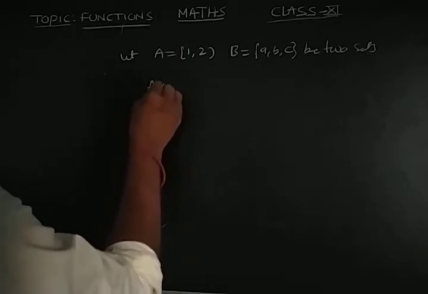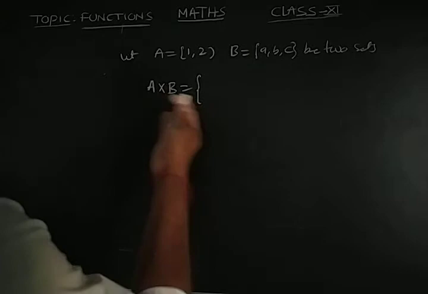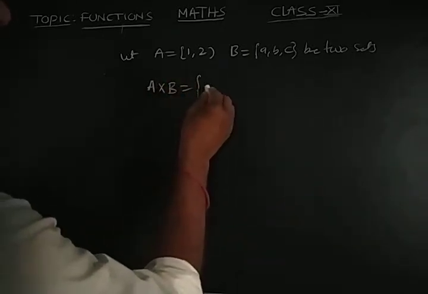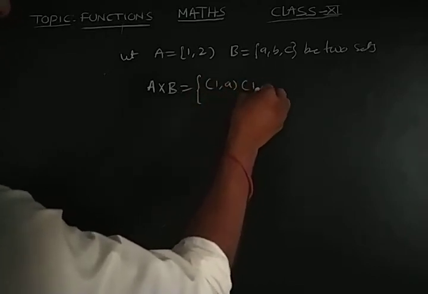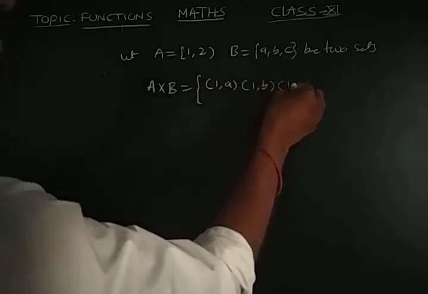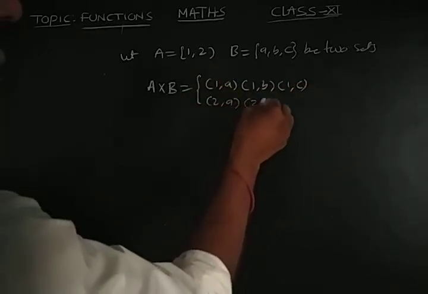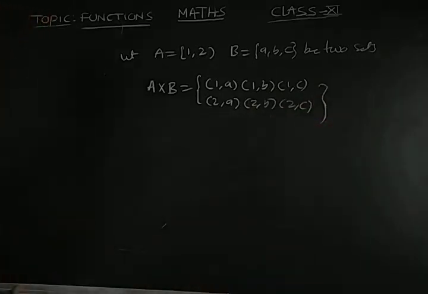Now here we can construct ordered pairs; the set of ordered pairs is known as the Cartesian product. So what are the pairs? (1,a), (1,b), (1,c), next (2,a), (2,b), (2,c). This is the Cartesian product.